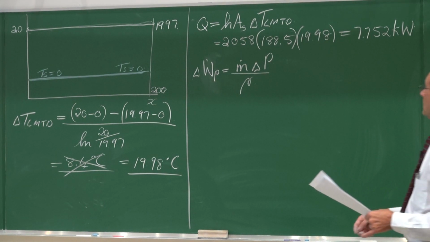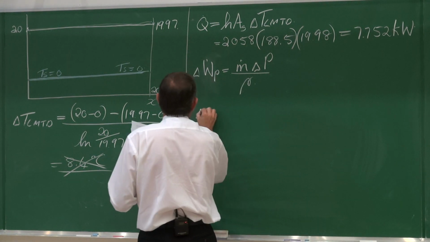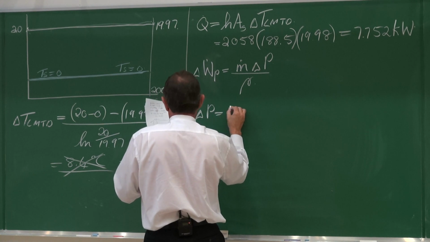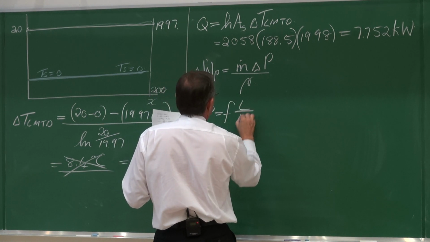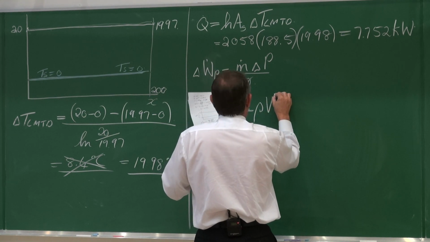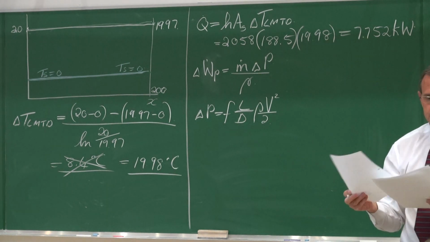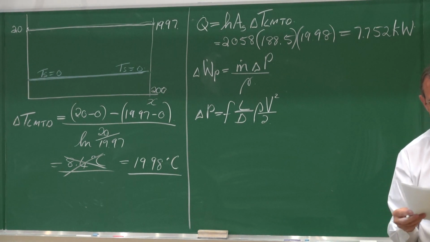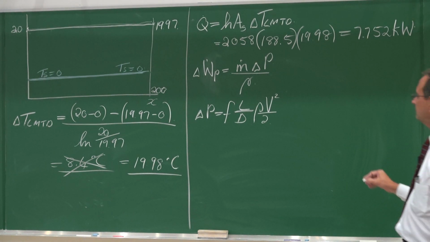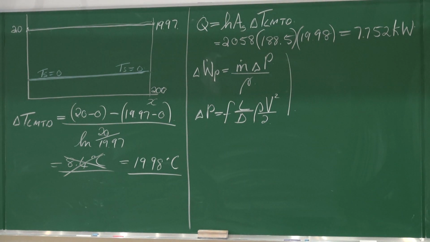But we then need the pressure drop. So the pressure drop we calculate as delta P is equal to f L divided by D multiplied by rho V average squared divided by 2. And then you can go and calculate the pump power.